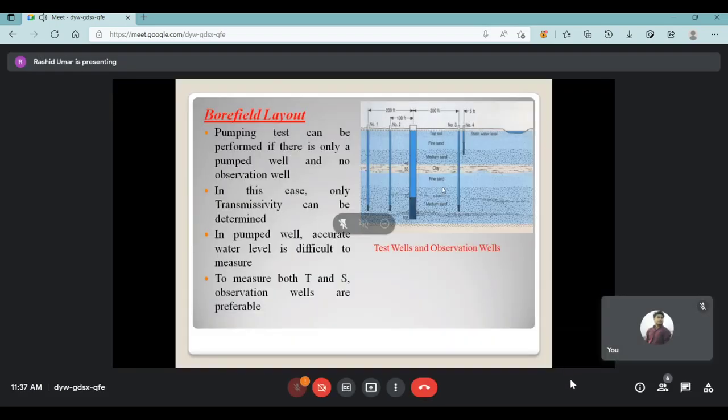Below the clay the formation is fine sand and medium sand. You can see that there is also a stream, so a boundary is also here. I'm not going to discuss the boundary here.